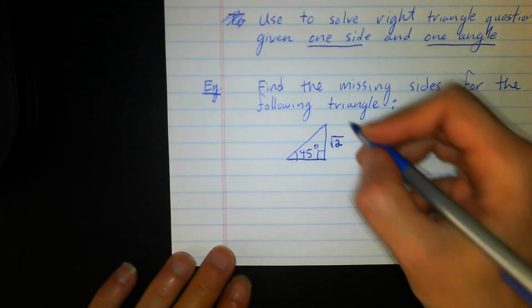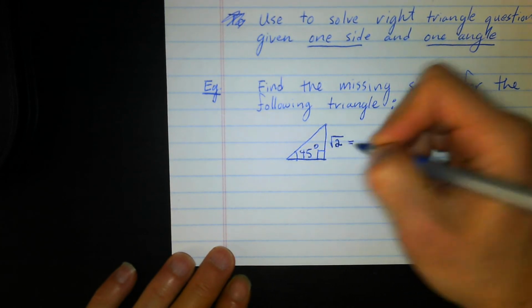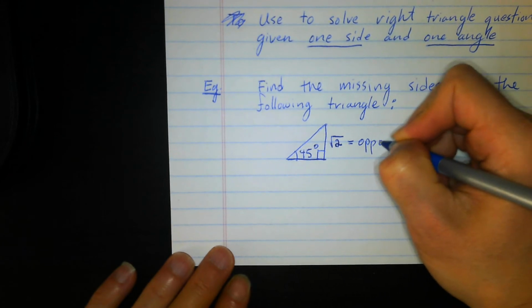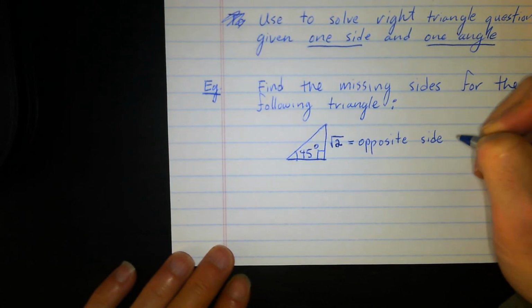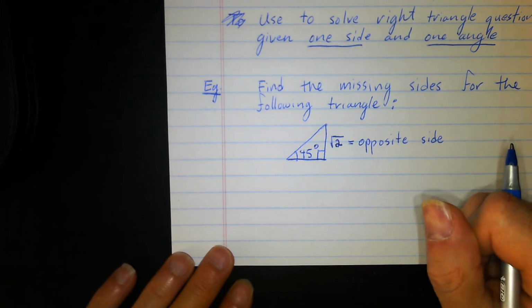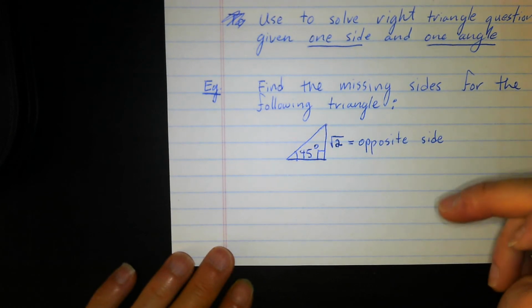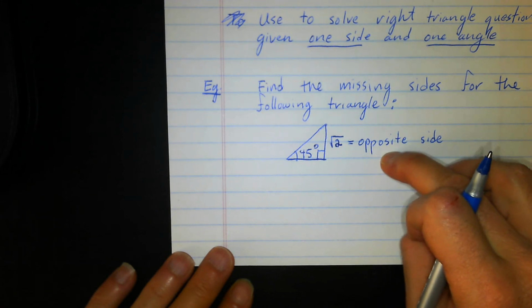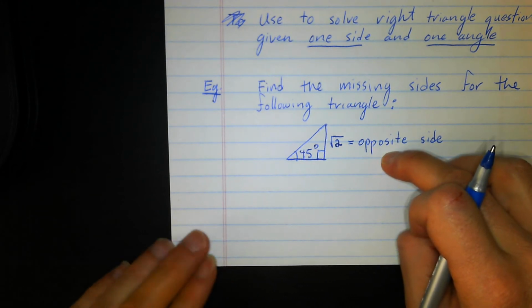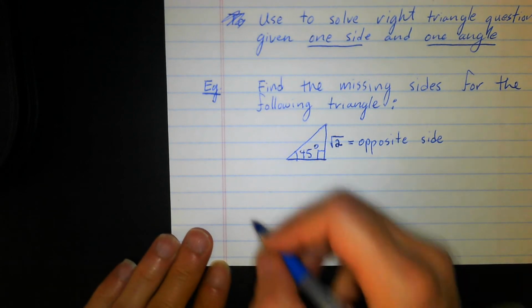As of this point, we've got the opposite side. That's my opposite side. So if I want to solve this question, I'm going to want to use either sine, because that has the opposite side in the formula, or I want to use tangent, TOA. All right, let's try using tangent here.